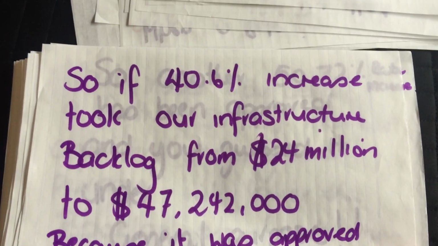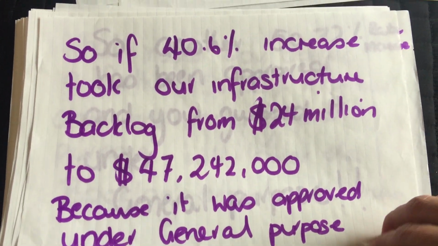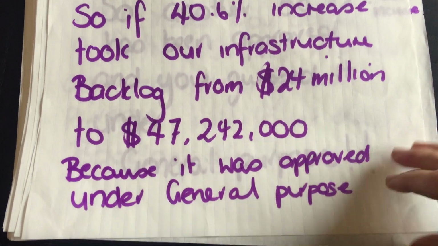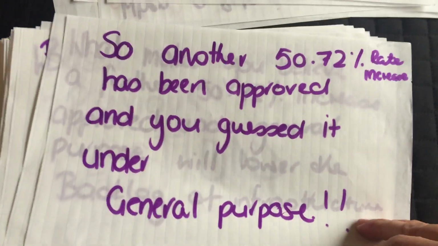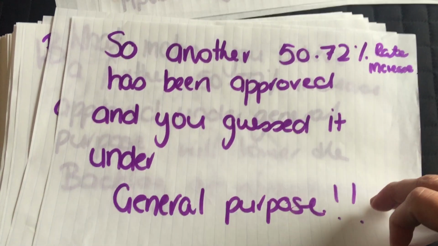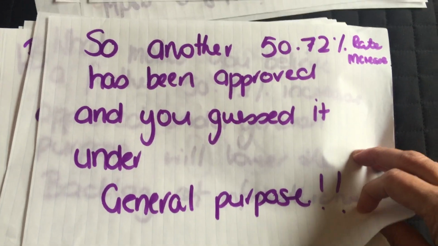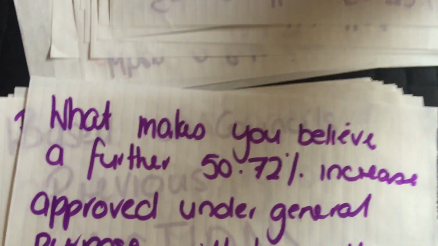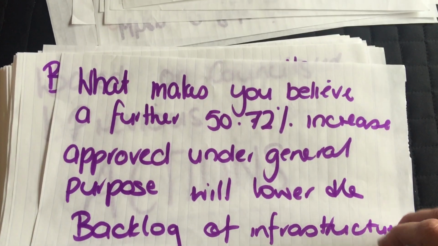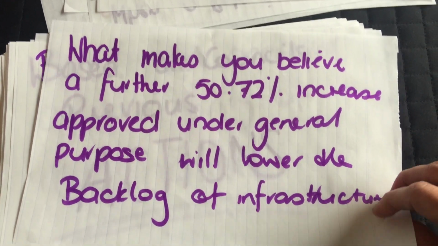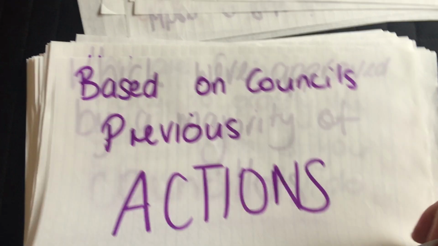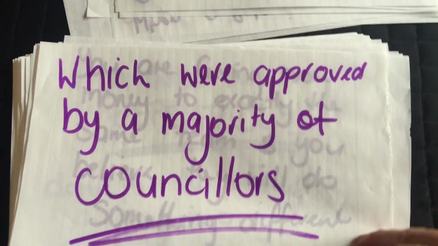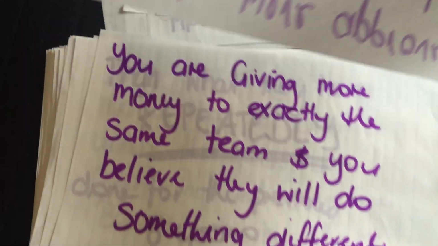So if 40.6% increase took our infrastructure backlog from $24 million to $47,242,000 because it was approved under general purpose, another 50.72% rate increase has been approved, and you guessed it, under general purpose. What makes you believe a further 50.72% increase approved under general purpose will lower the backlog of infrastructure based on council's previous actions, which were approved by a majority of councillors?